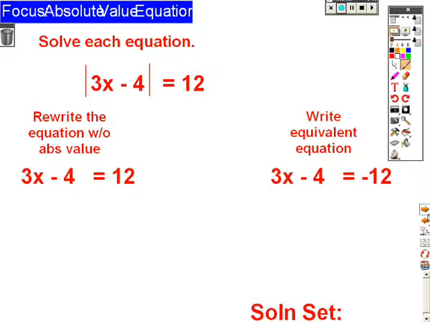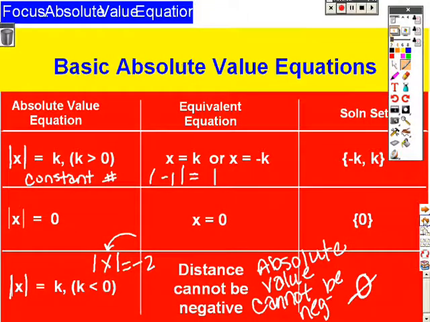So if you were asked to solve an equation that looked like absolute value of 3x minus 4 equals 12, k in this case is 12. 12 is certainly bigger than 0, so k is positive. If you remember on this chart over here, we said we're going to write it two ways. One time we're going to write it positive. The next time we're writing it negative.